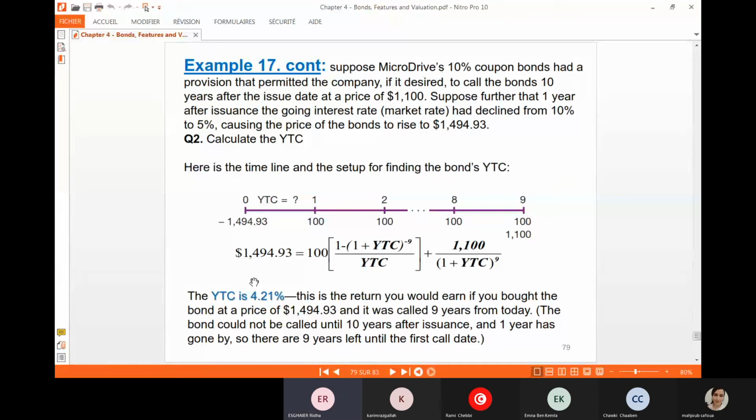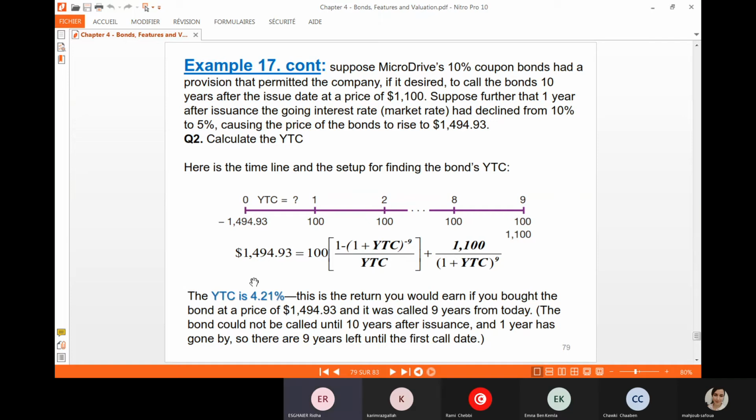Suppose further that 1 year after the issuance, the interest rates in the market, which were 10%, declined to 5% only.